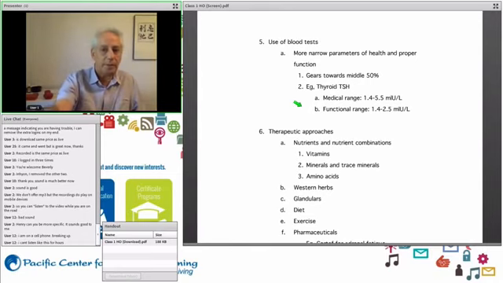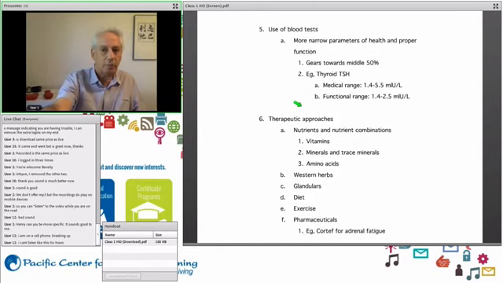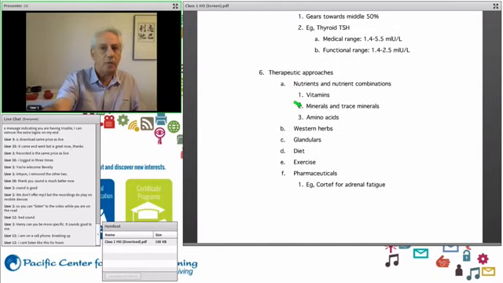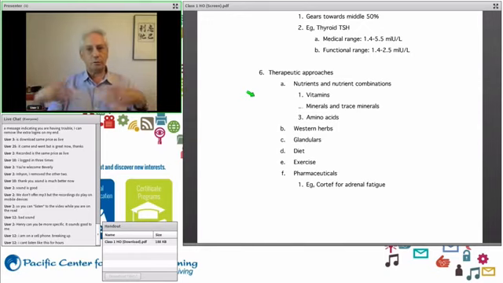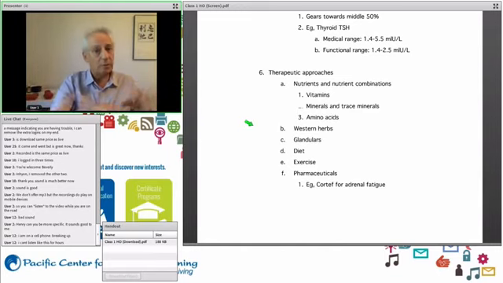Now, in functional medicine, the therapeutic approaches, they will use nutrients and nutrient combinations. So they're using vitamins, minerals and trace minerals, and amino acids in the main. They are also using Western herbs in isolation.